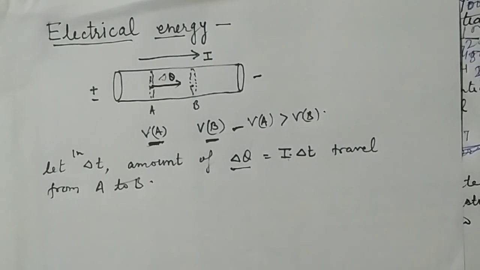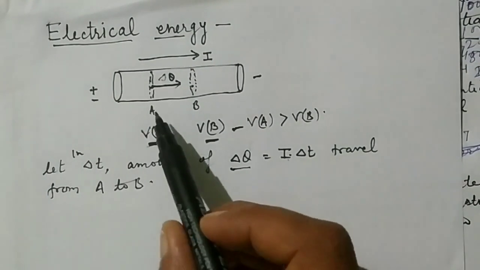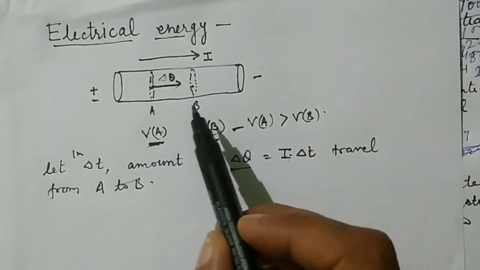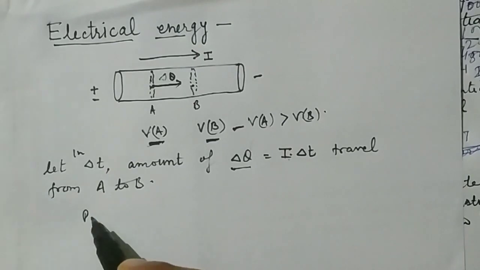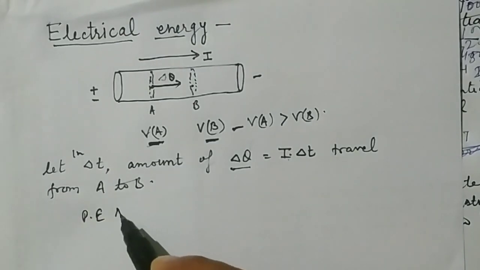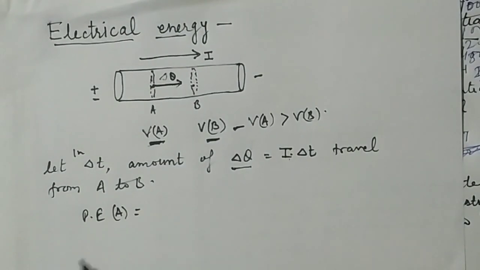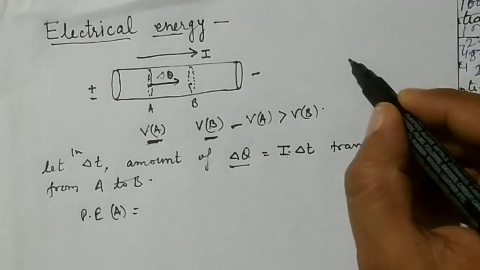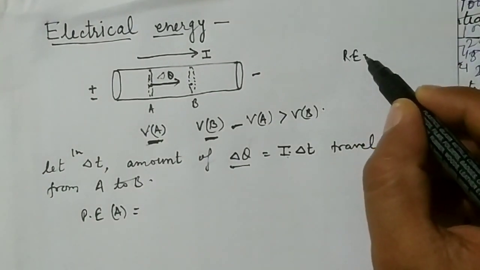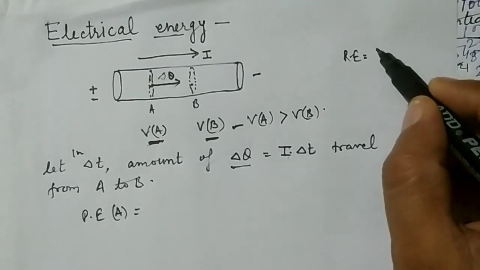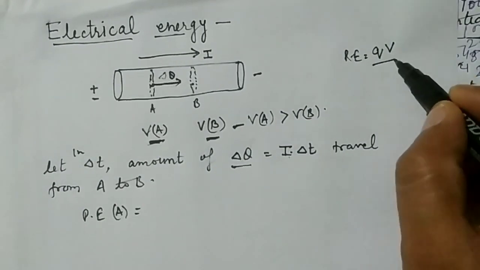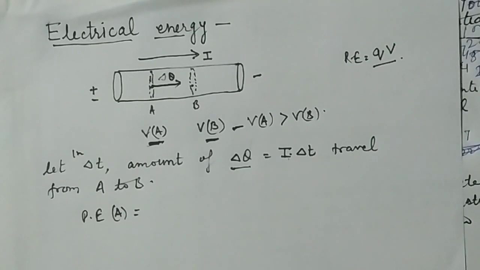Now what is the potential energy at point A and at point B? We know that the electrical potential energy is equal to charge multiplied by the potential at that point.